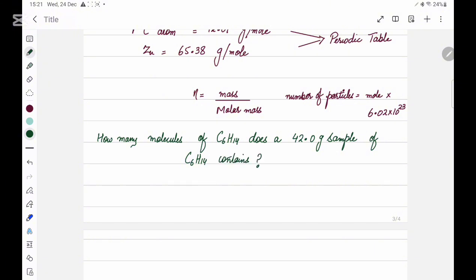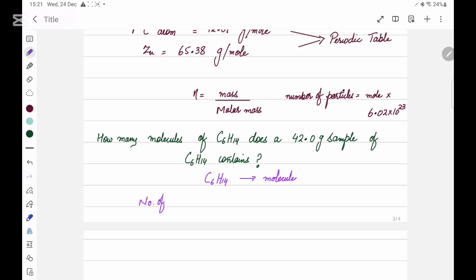So they want us to find the number of molecules, and for that purpose, first of all you must know that C6H14 is a molecule that is formed by covalent bonds, so it is a molecule. We are going to use the formula for the number of particles.